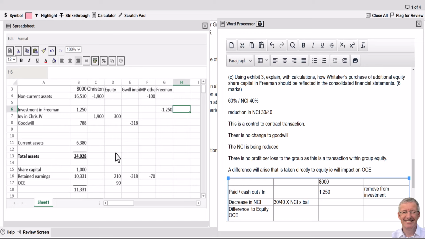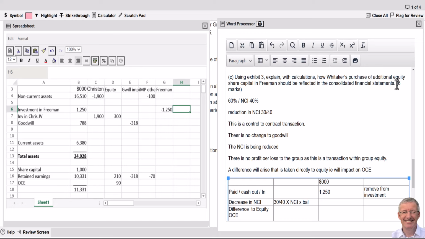6 marks for part C here. I've already earned 1 mark for part D. The 6 marks here in the marking guide, there were 8. Now, I suspect I've already earned maybe 4 or 5 of that 8.